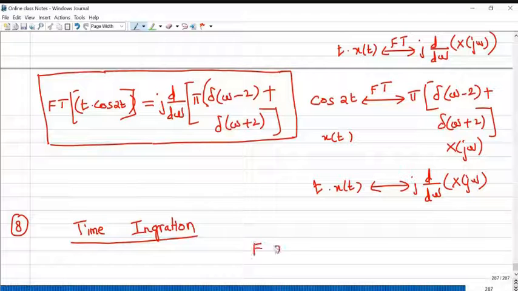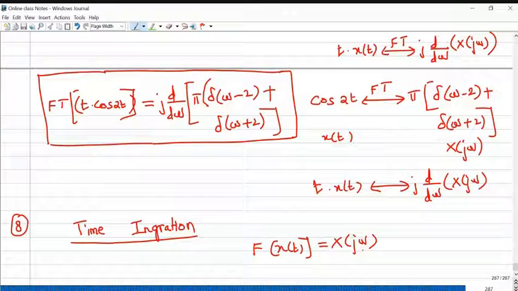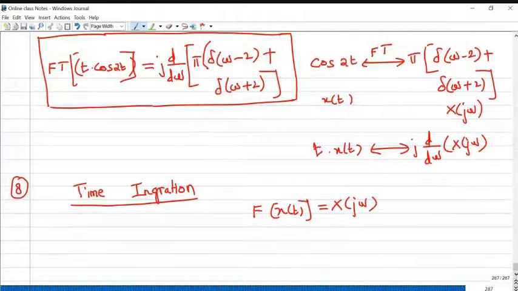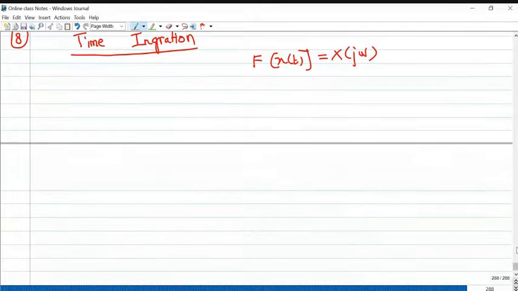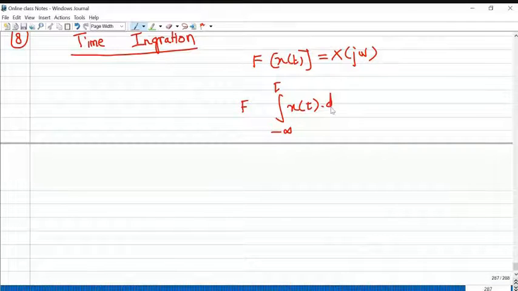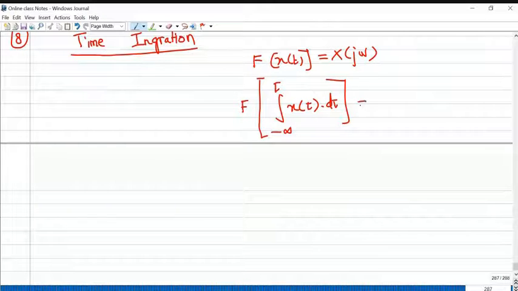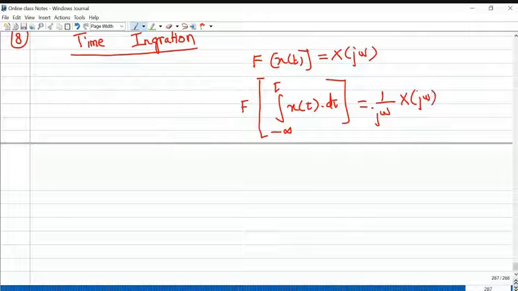Okay. So Fourier transform of x of t, let's say x of j omega. Then the Fourier transform of the integration from minus infinity to t of x of tau d tau would be equal to 1 by j omega x of j omega plus pi x of 0 delta of omega.